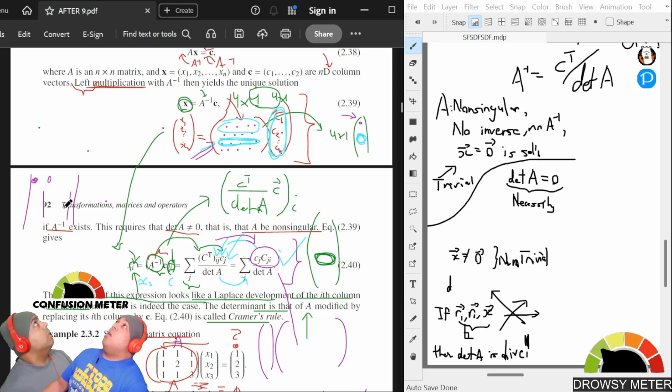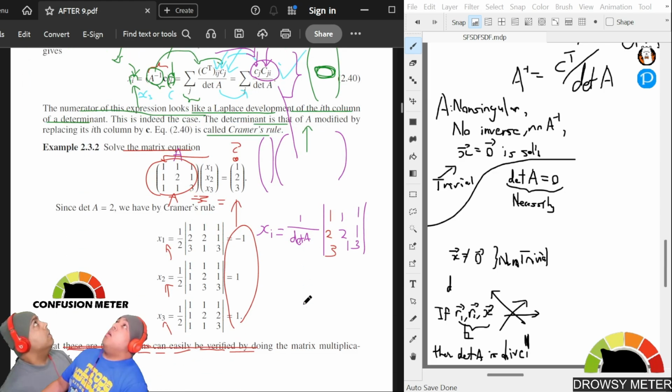The cofactor is basically the determinant factor, and this is just the element, right? Cji. Yeah, I can see it. This is indeed the case. The determinant is that of A modified by replacing the ith column by c.